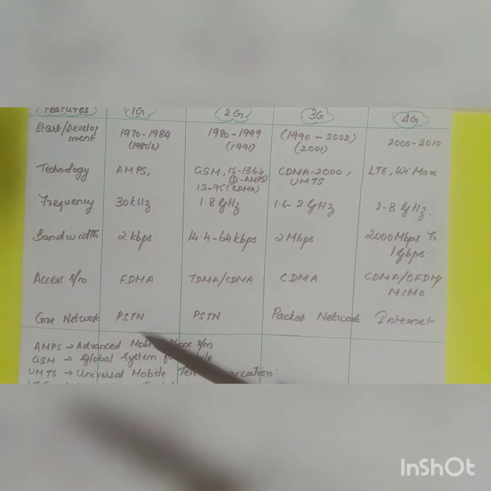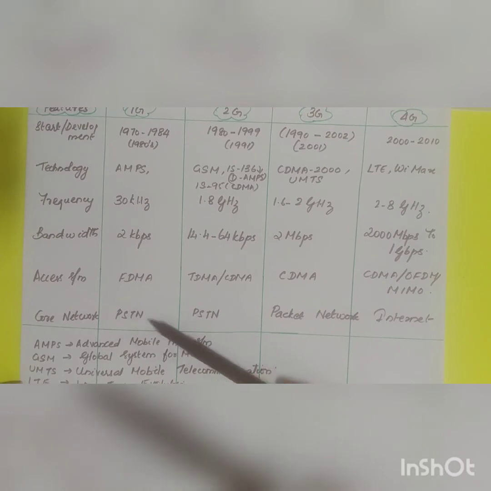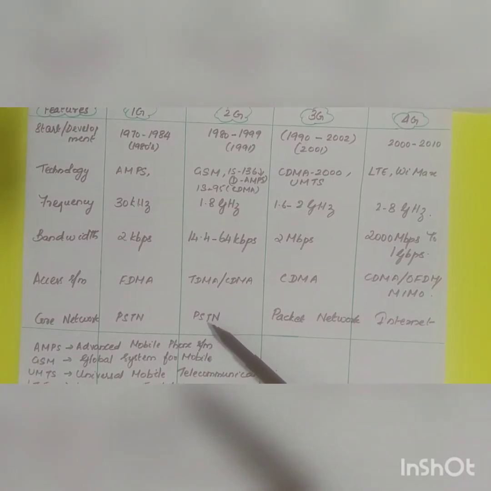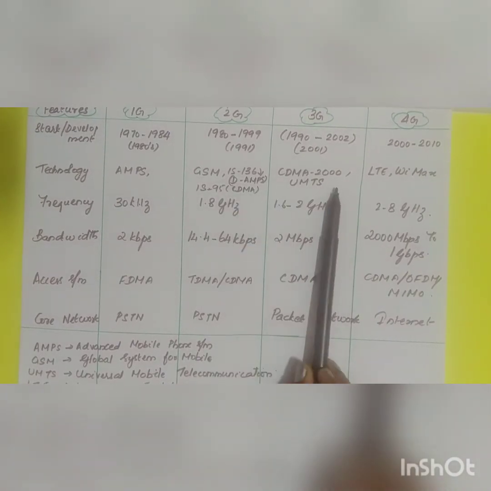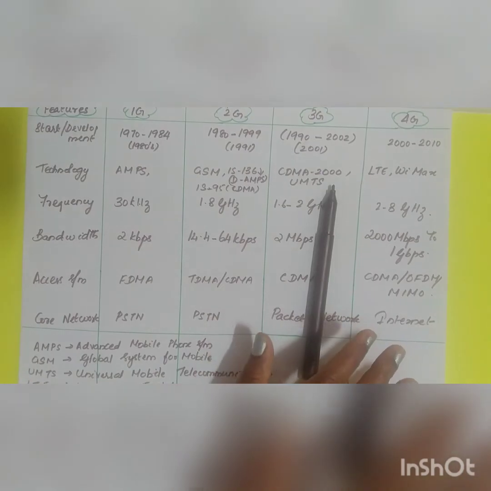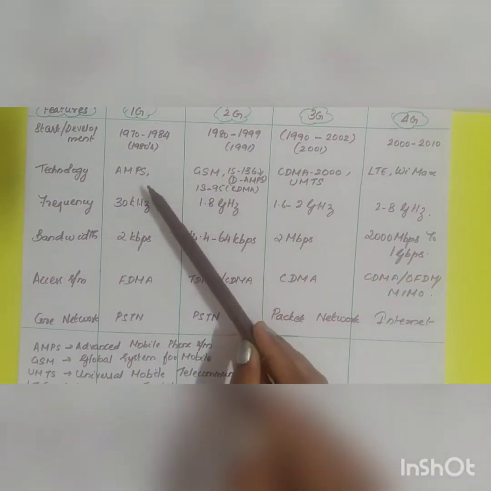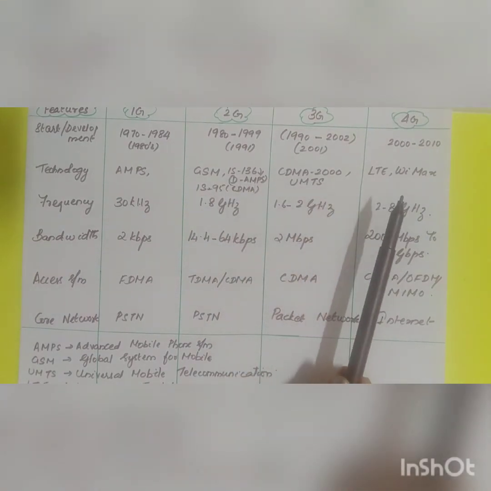The core network used in the first generation was PSTN. For the second generation also PSTN, third generation a packet network, and fourth generation the internet. These are the different comparisons of your four generations. In the next video we will see all these in detail: AMPS, GSM, CDMA and LTE.